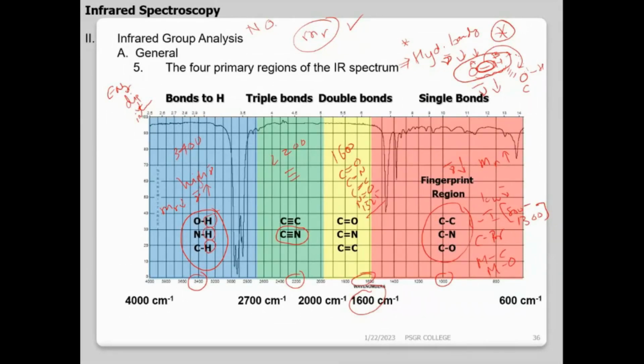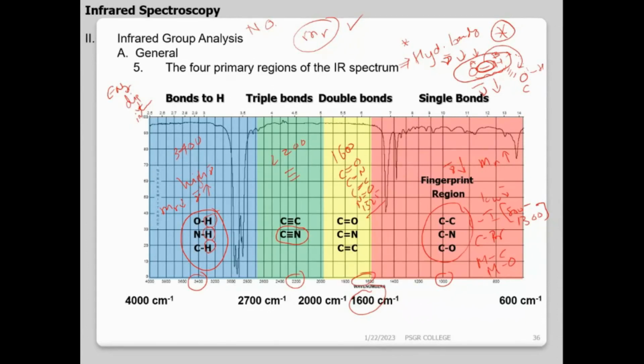So if I find a new compound and put it into the database, there should be no match. If there is no match, whatever I found is a compound that has not been synthesized so far; nobody has synthesized it. That is the importance of the fingerprint region.